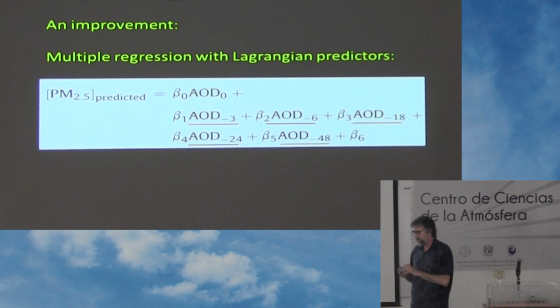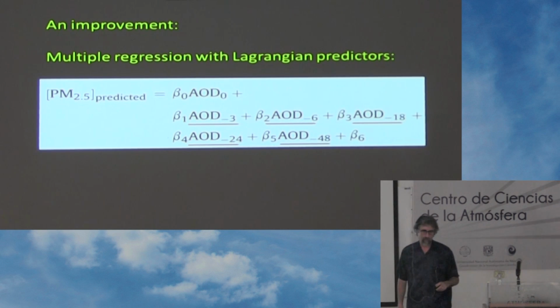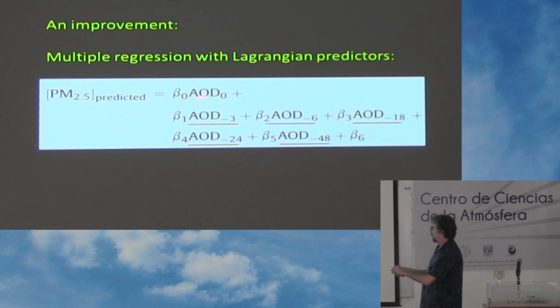So with this in mind, we added several terms to the regression equation. This one with the 0 means aerosol optical depth in situ, at the location where you want to know PM 2.5. This one represents 3 hours upwind.